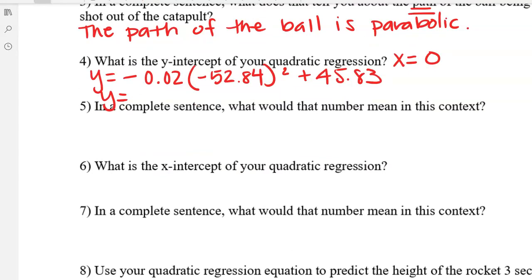Use your calculator. All you have to do is punch all of those in. I would do the negative 52.84 in parentheses and square that first, and then multiply by negative 0.02. Get an answer, then add at the end. So everyone, calculate your y-intercept. Please compare your answers before we write it in our notes.